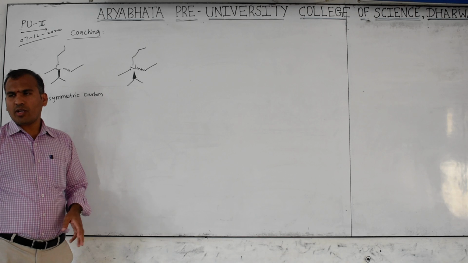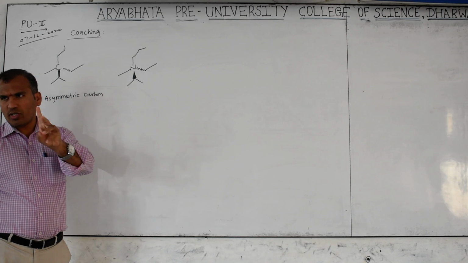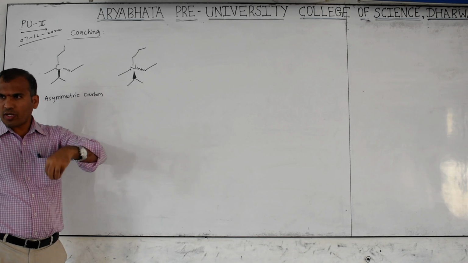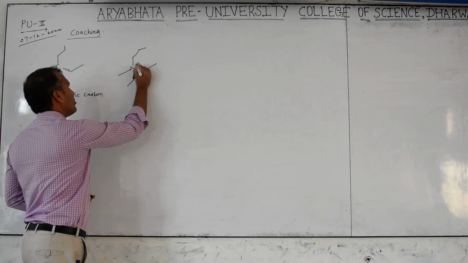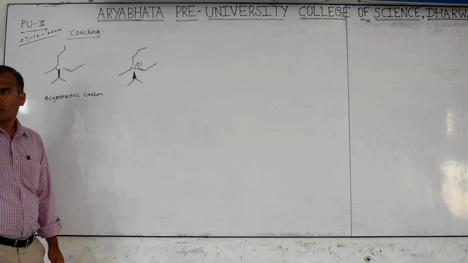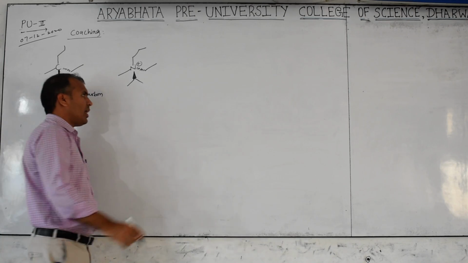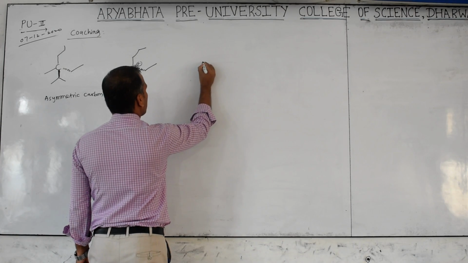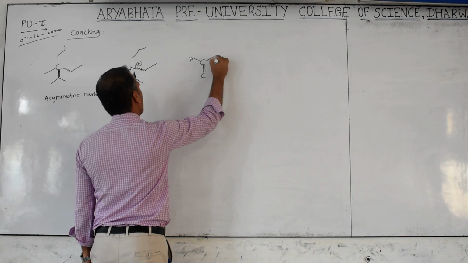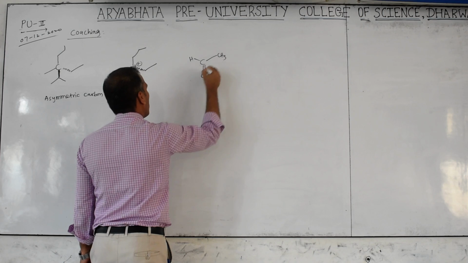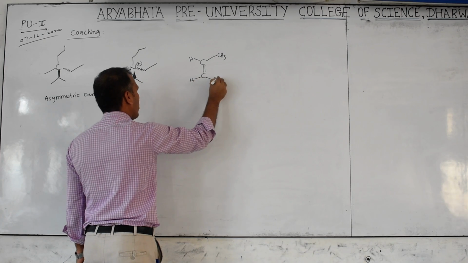Four. Nitrogen generally forms how many bonds? Three bonds with one lone pair. That lone pair is also involved in bonding. What do you get here? A positive charge. Clear? Next one. This is carbon, double bond, carbon, here hydrogen, here methyl, here hydrogen, here methyl.